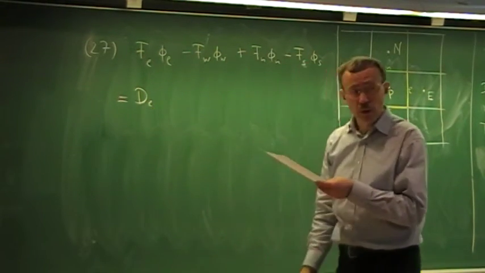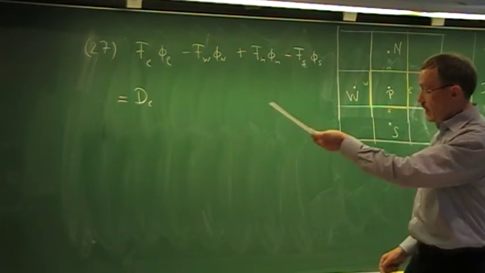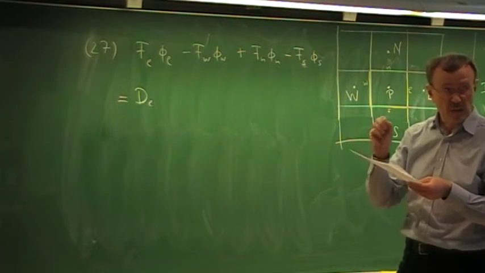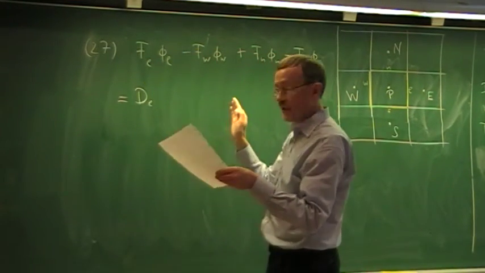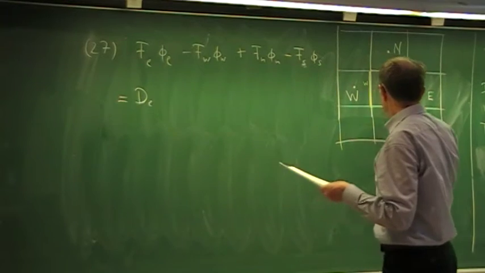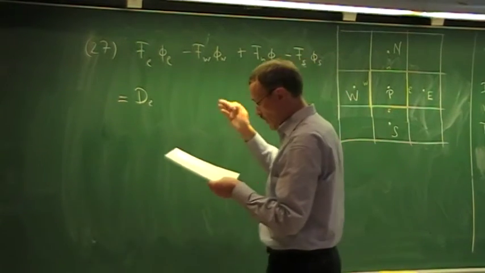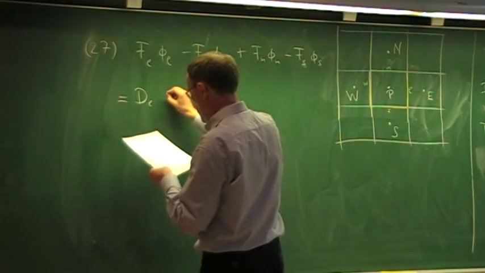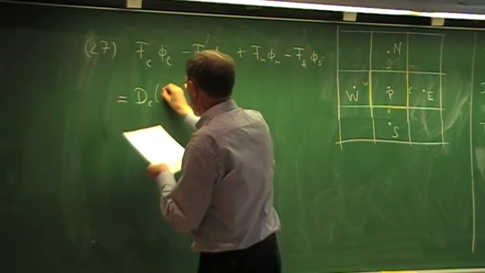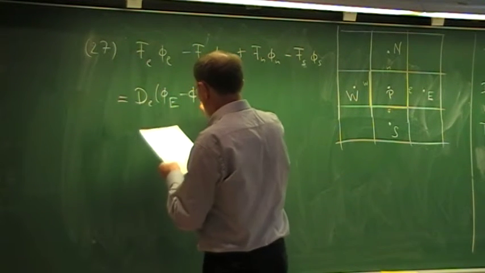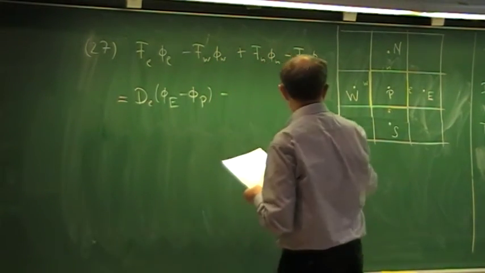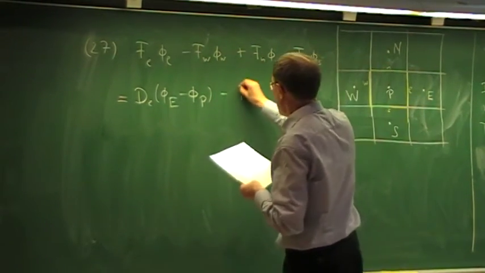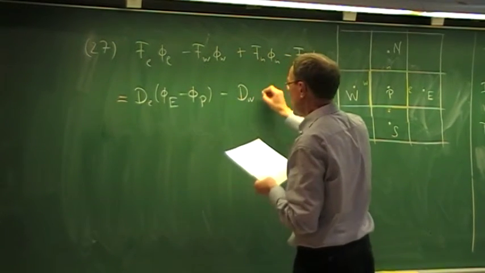But now, with these symbols, and again, I mention that now the D contains the area. So it's the diffusion coefficient divided by the distance between P and E times the area at the eastern phase, times the unknown in E minus the unknown in P. That is the diffusive flux over the eastern phase. Then we have the diffusive flux over the western phase.